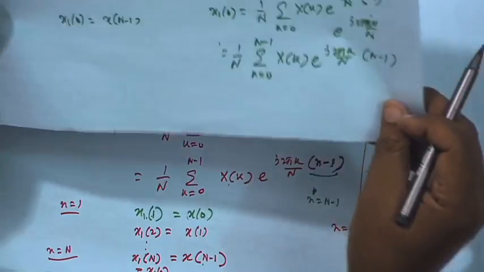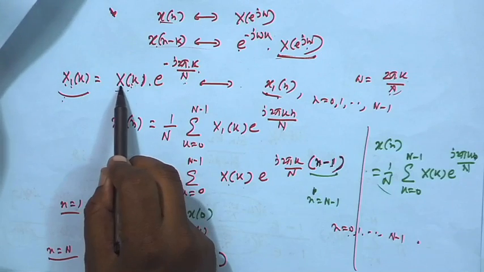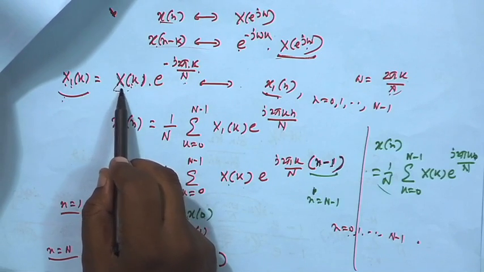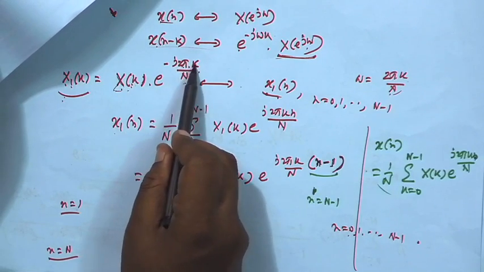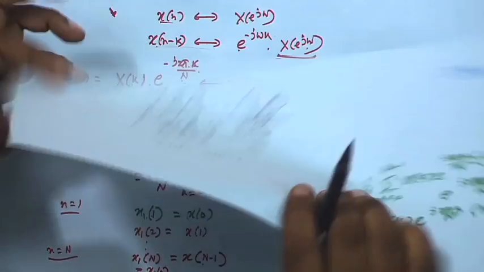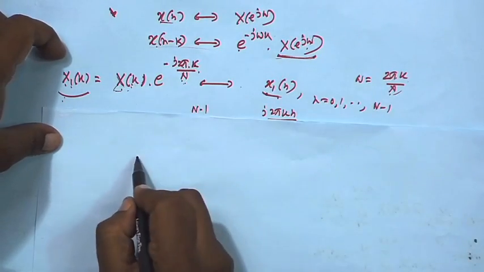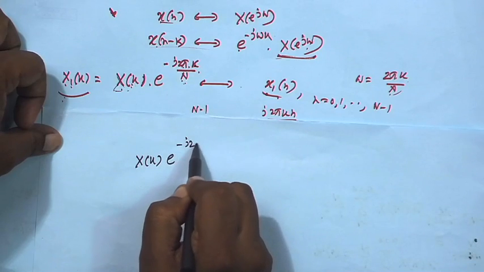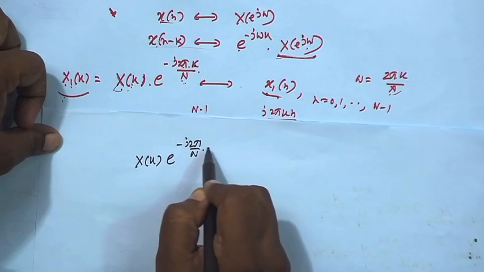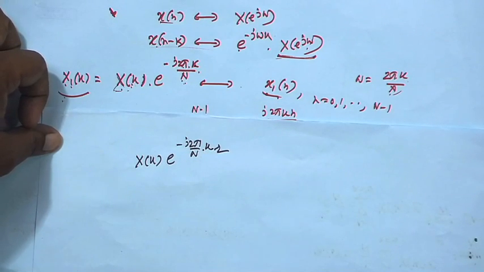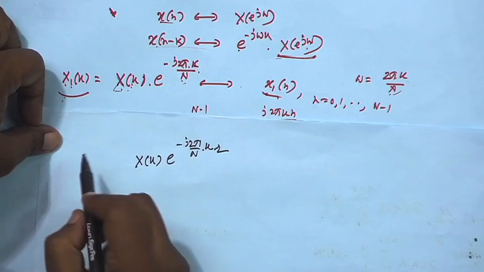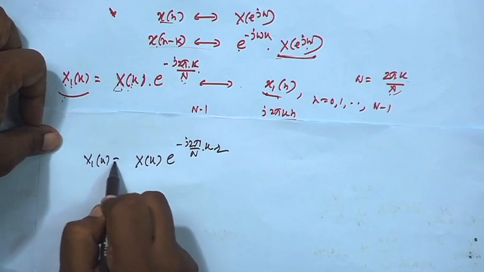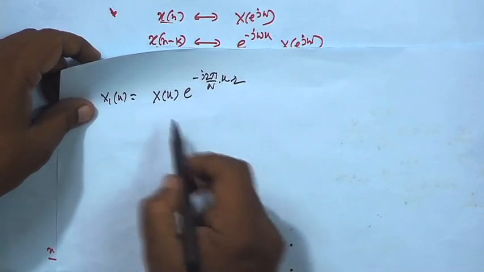How did it come? If I multiplied the x k DFT by e to the power minus j 2 pi into k by n. Now if I generalize further, x k is obtained multiplied by e to the power minus j 2 pi by n into k into r, and call it capital X 1 k. Then what will be x 1 n?